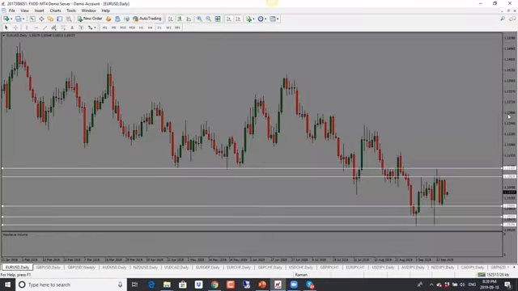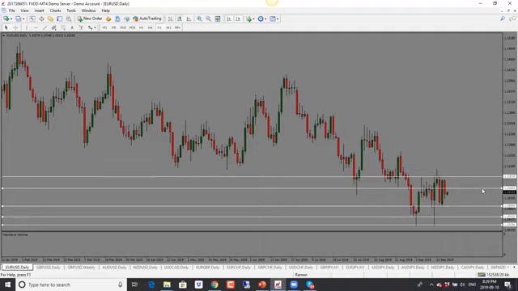As usual, we'll start off with euro dollar. Yesterday we had talked about how euro dollar was at the top of the range. Price has been trading in this range for a couple of weeks, and price was into the top of the range, so it has dropped. Now we have a bearish candle close for the day, so I'm looking for a further drop back towards the bottom of the range.